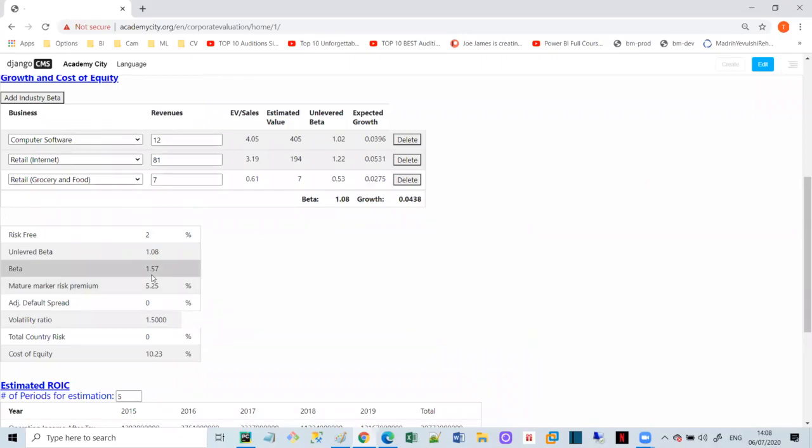1.57, okay? After you explain the beta, you basically calculate the cost of equity based on the CAPM, okay? And the CAPM tells you to take the leveraged beta times the risk premium, and you add to that the risk-free rate, and you get 10.23.